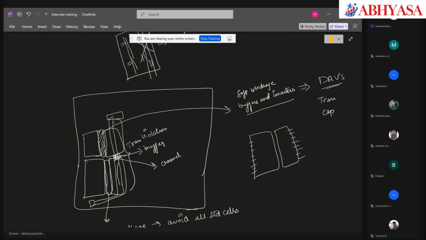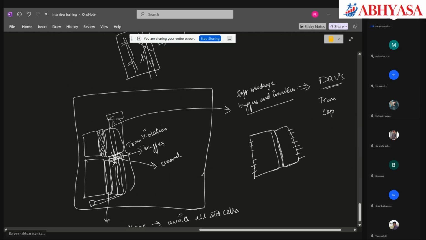So we will think, okay, since the pins are not facing each other, I can abort these macros. You can abort these macros, but not in all cases. For example, here in this region, you can abort these two macros, but you won't have the space for buffering of the nets.